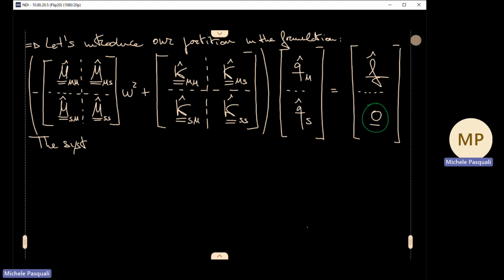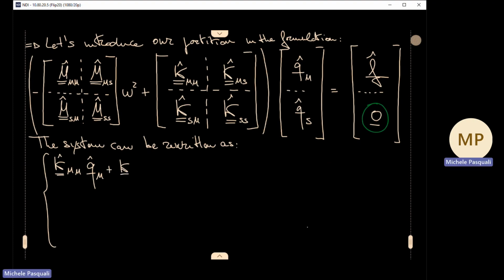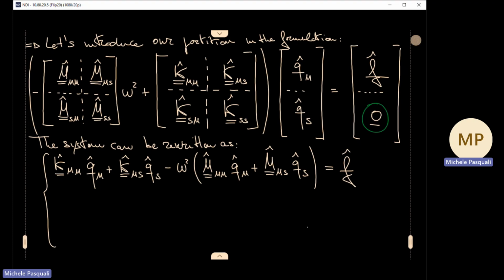So the system can be rewritten as basically a system of two equations. The first reads: K MM overhead Q M plus K MS Q S, minus omega squared applied to M MM overhead Q M plus M MS Q S, equal to this vector F overhead. And this we call equation A.